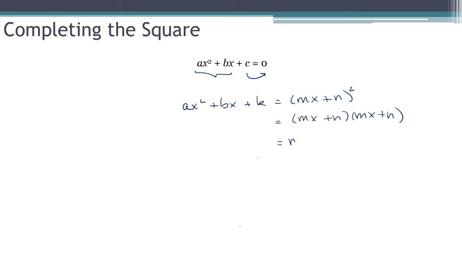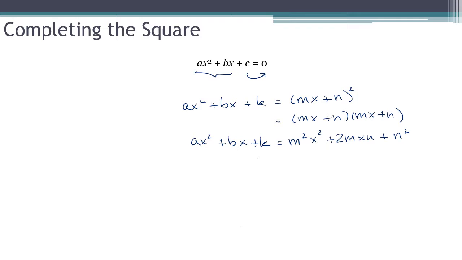And this is going to become m squared x squared plus 2mxn plus n squared. And this still equals ax squared plus bx plus k.